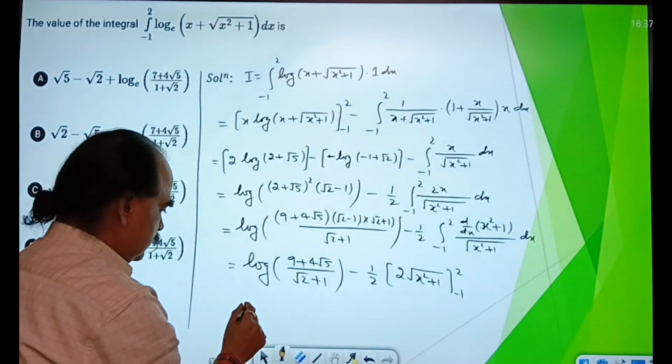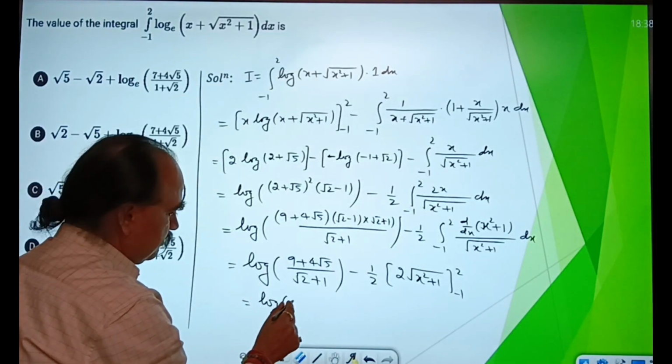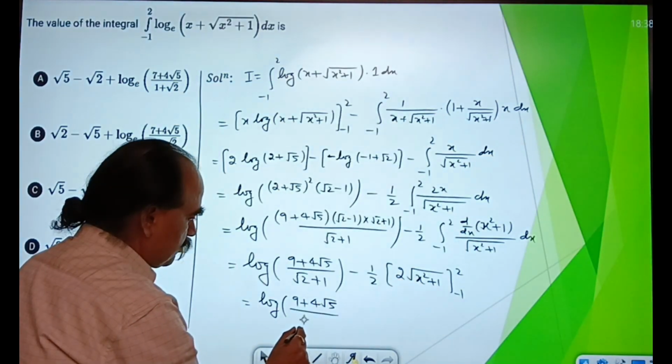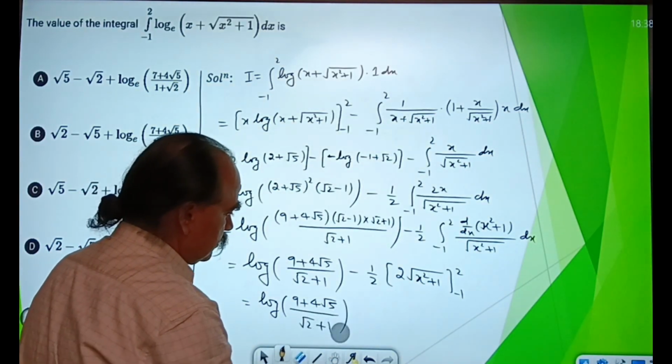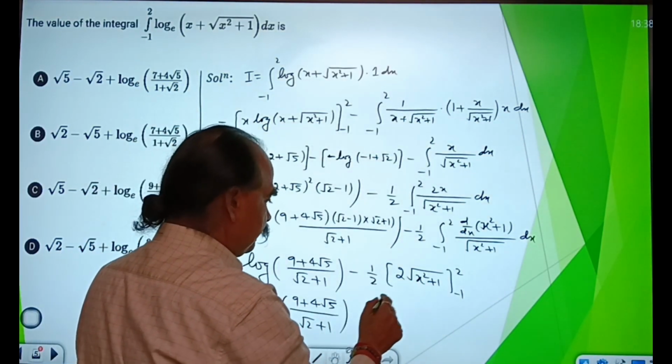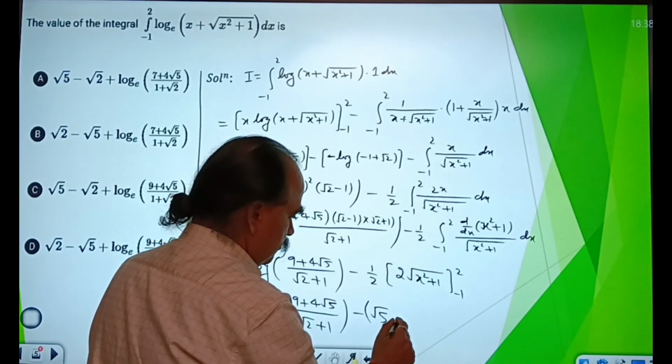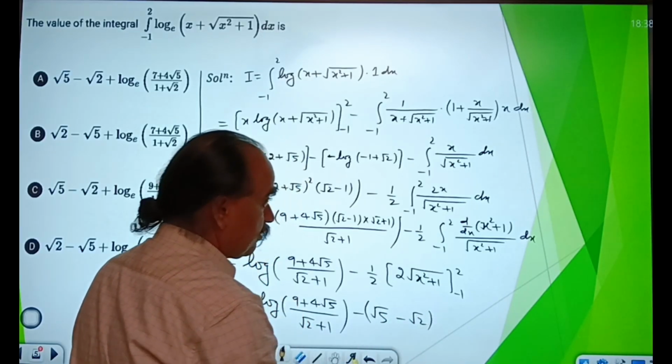2 to cancel. Log of 9 plus 4 root 5 upon root 2 plus 1. 2 to cancel. So minus root 5 minus root 2. Which will become what?